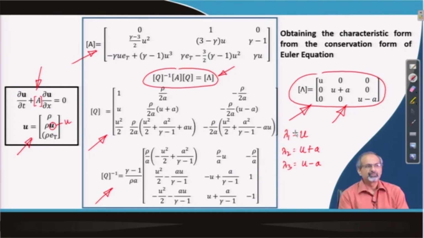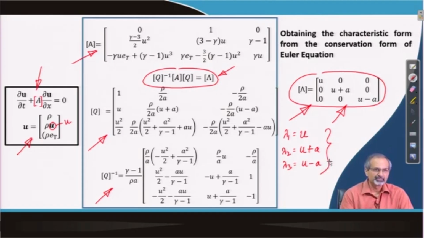Like we were saying before, in the case of the linear advection equation, the lambda was equal to a. In the case of inviscid Burgers' equation, the lambda was u, and in the case of Euler equation in one dimension, we have multiple lambdas because it is a vector model, and they happen to be u, u plus a and u minus a. That means, we can expect that information through the domain will percolate at different speeds along different characteristic directions.